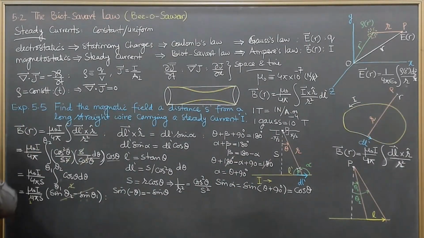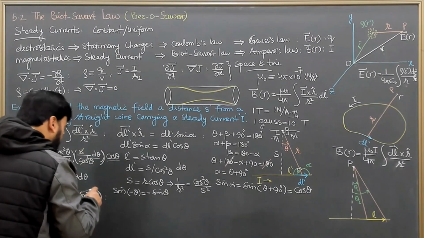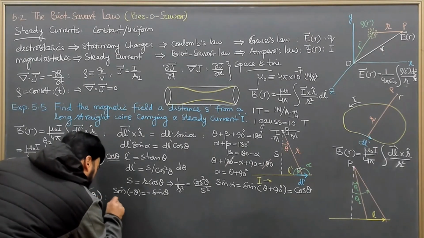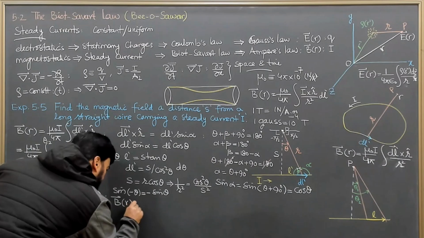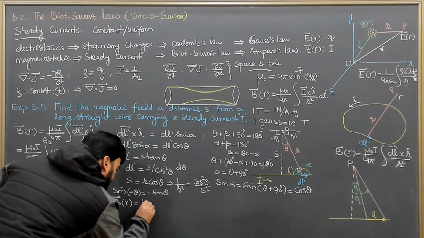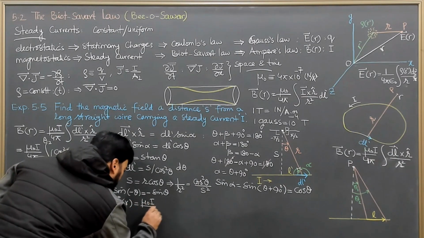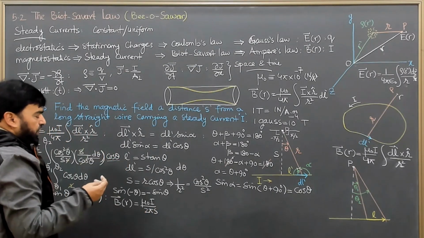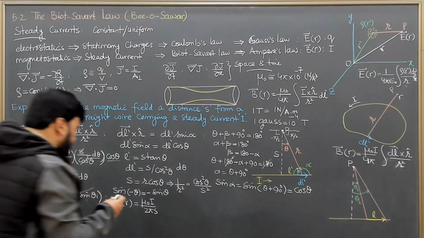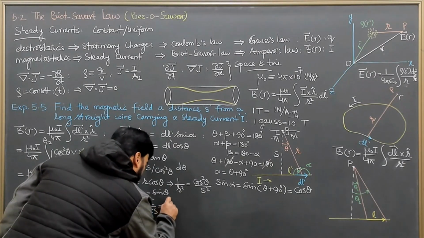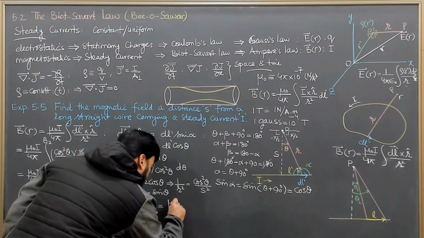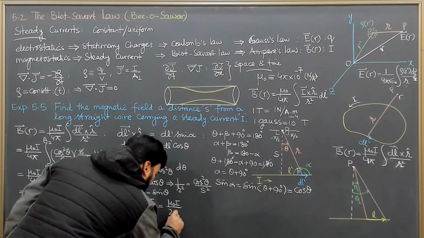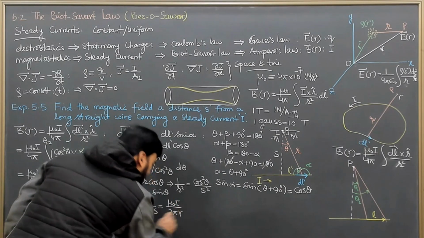So that one I can write is B will be equal to B of R, mu naught I over 2 pi S, and for S you can write R as well because it's the same thing here, mu naught I, and it is a function of R.